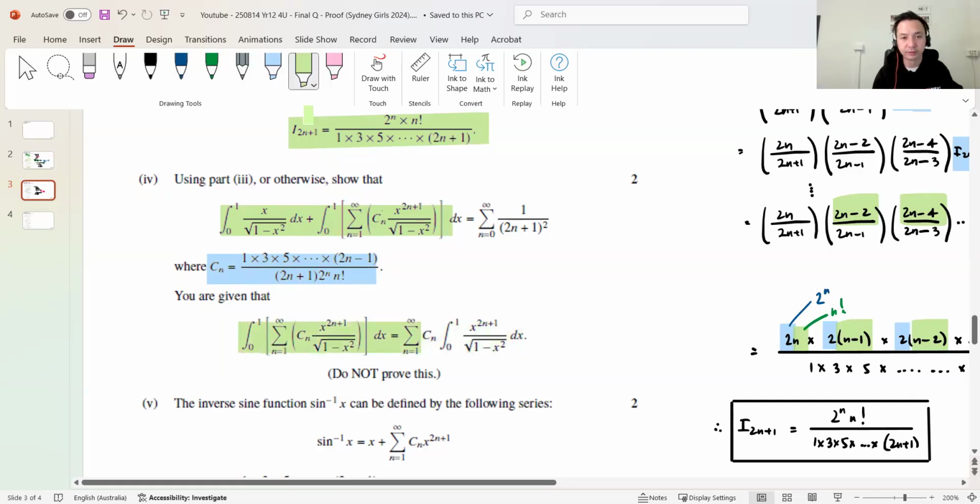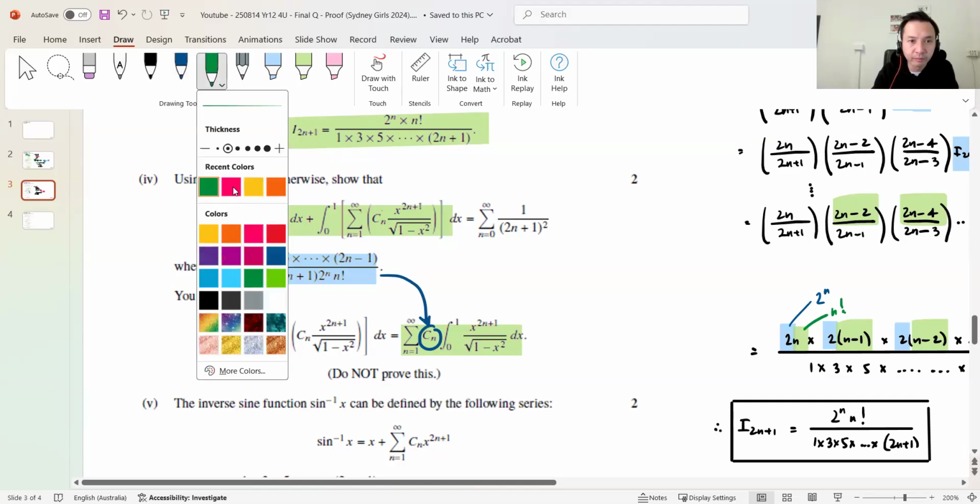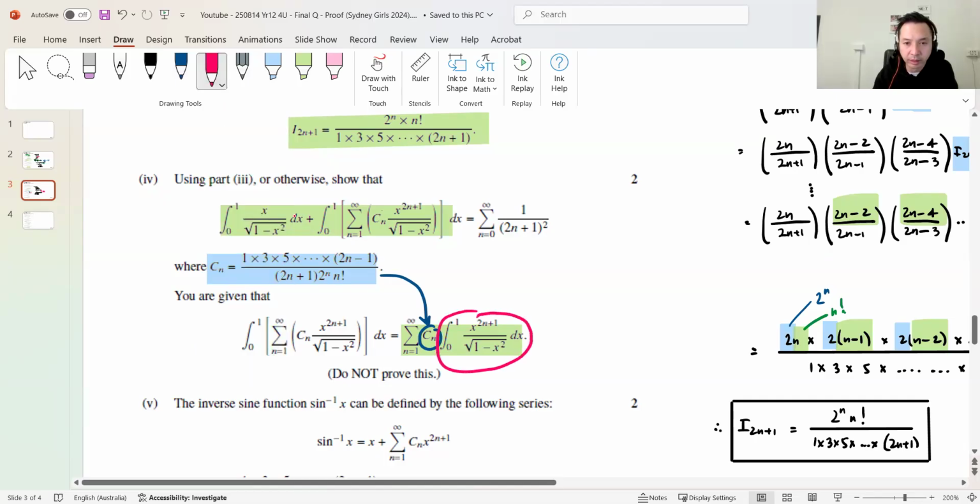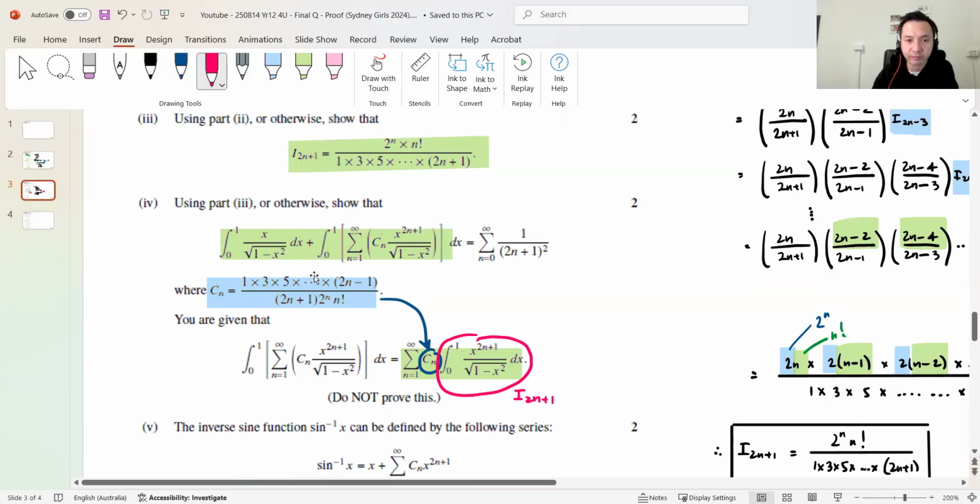Sorry. Use this one instead. So I'm going to sub this into here. And then that looks like I 2n plus 1, which I think I can sub this in.